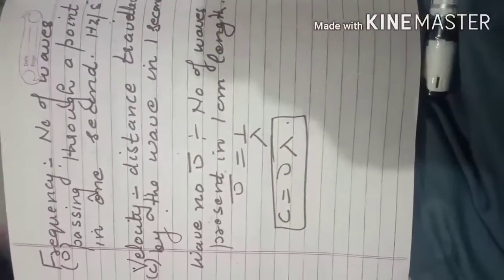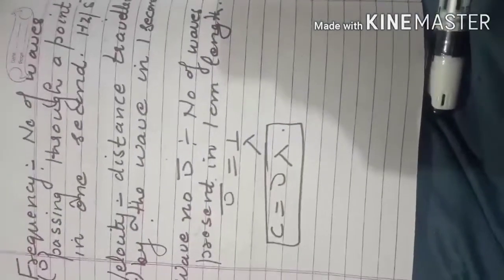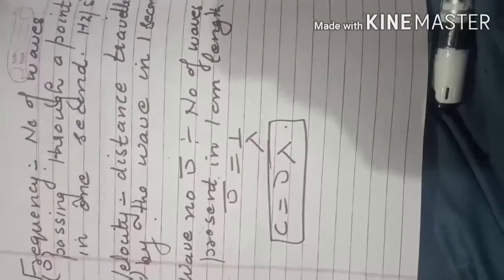Now come to the velocity. Velocity of a wave is the linear distance traveled by the wave in 1 second. Its notation is c and it is expressed in meter per second or centimeter per second. There is one more term, wave number.